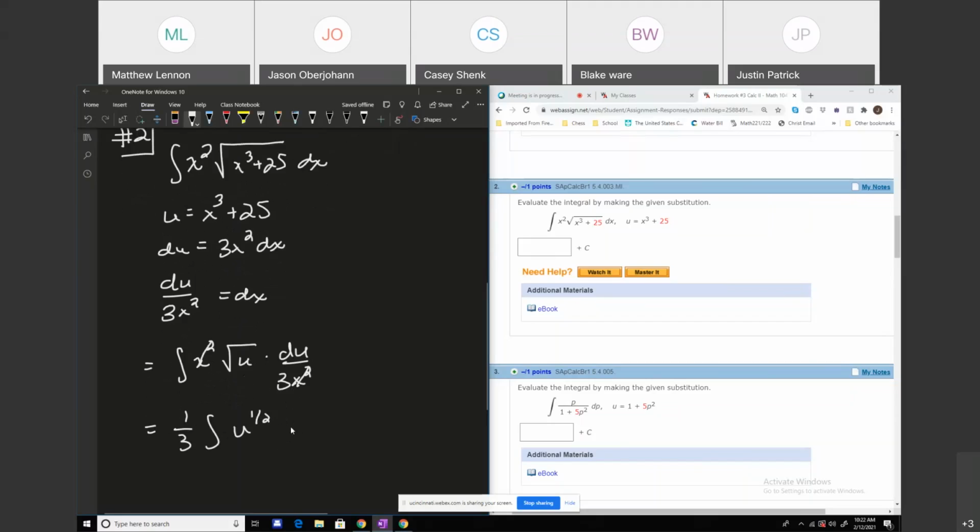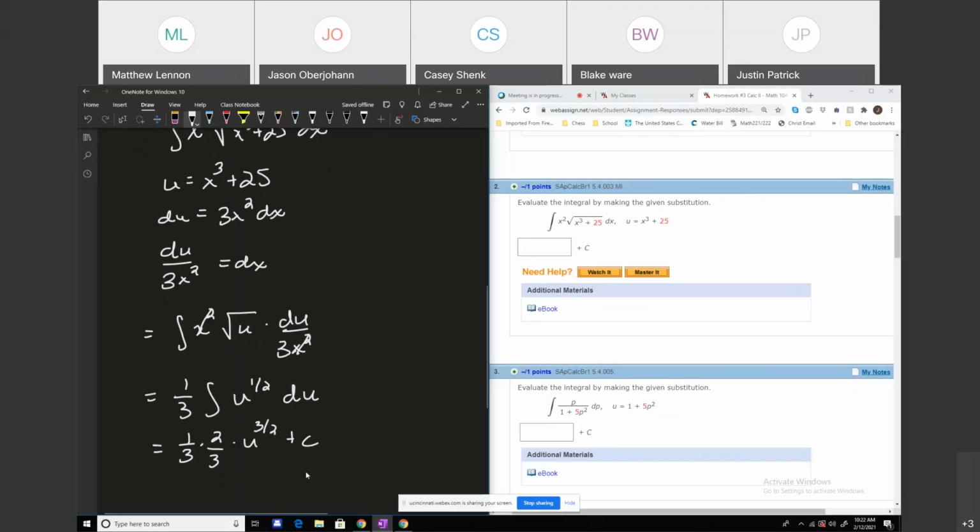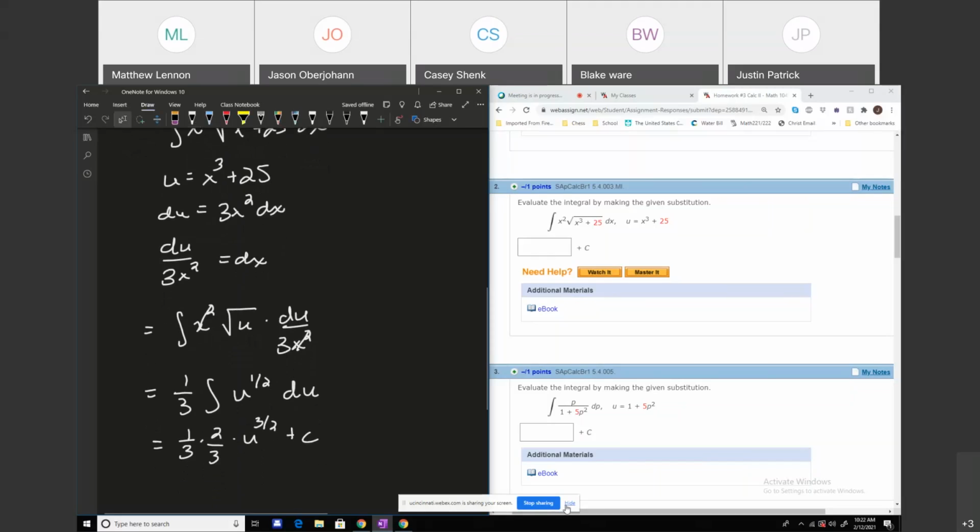And then the antiderivative, remember, we're adding 1 to that exponent and then multiplying by the reciprocal. So that exponent becomes 3 over 2. And then we multiply that 1/3 by 2/3. So we get 1/3 times 2/3 times u to the 3 over 2 plus a constant. And then we want to switch back to x's.